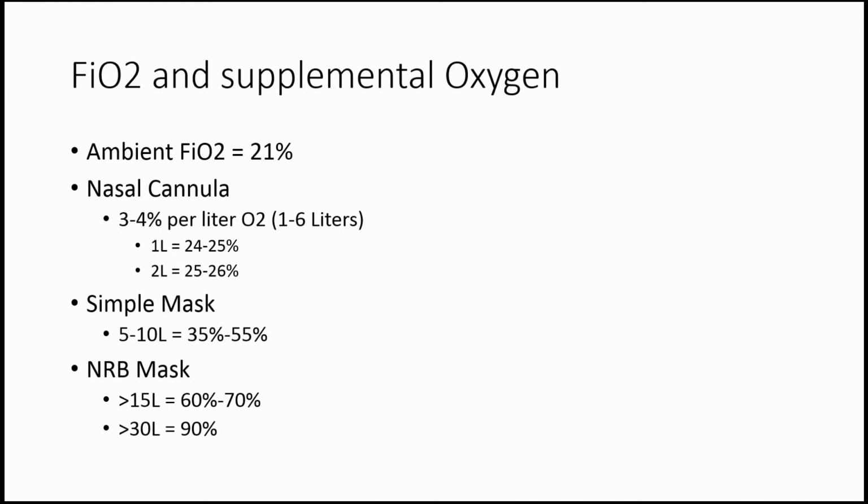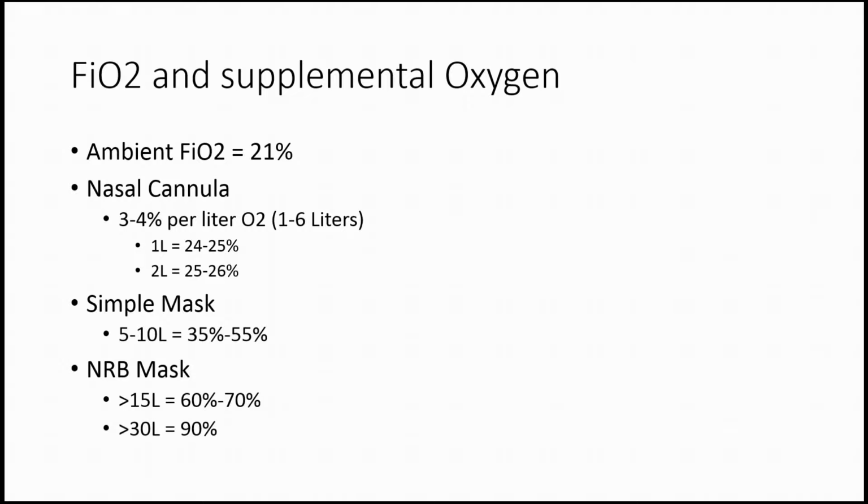So when I add a nasal cannula up to about 6 liters, I'm adding 3 to 4% per liter. So if I give you 1 liter, your FiO2 is about 24 to 25. If I give you 2 liters, you're about 25 to 26% FiO2, okay? Once I put you on a simple mask at 5 to 10 liters, I can get you between 35 and 55 FiO2.